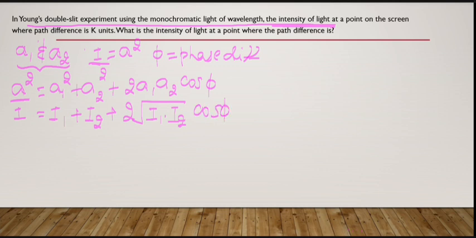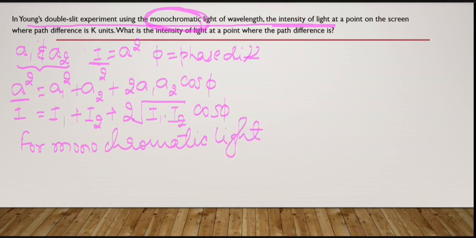Clear? Students, we know this is a monochromatic light, and for monochromatic light I1 will be equal to I2.